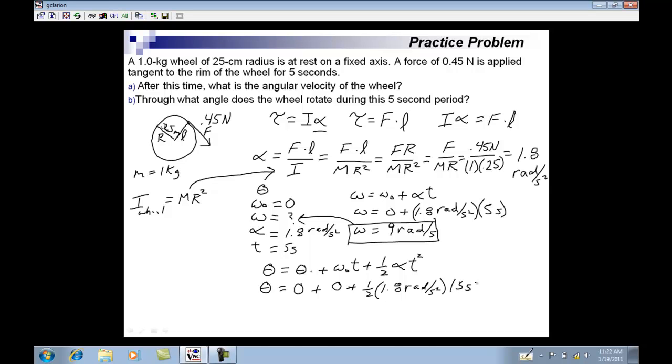I'm going to square that. And that gives me a value of 22.5 radians. Okay?